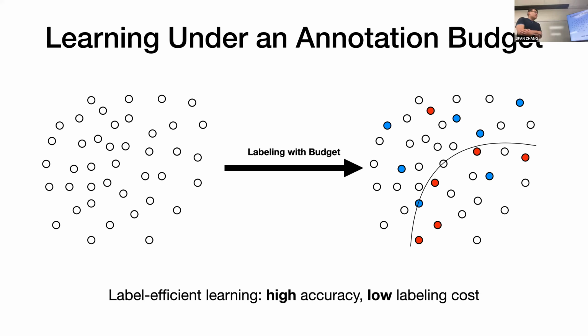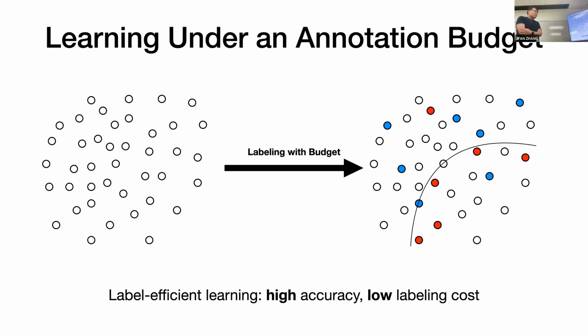So in general, the idea for label efficient learning is, instead of randomly choosing these points to get labeled and then training a classifier on top of it, is there a more strategic way of obtaining models with higher accuracy with lower labeling costs, meaning lower labeling budget?